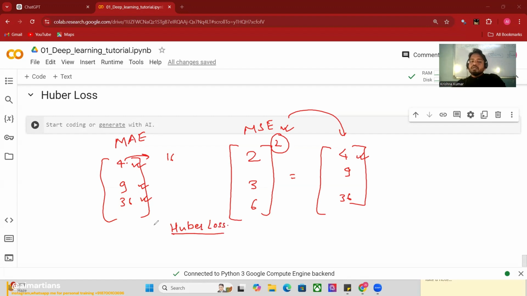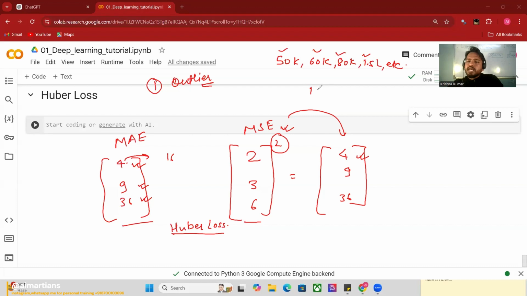Apart from this error, there is one more factor in our data set that is called an outlier. Now, what is an outlier? Let's say in India, people are getting salaries of 50,000, 60,000, 80,000, 1.5 lakh, etc. But this is the salary of, let's say, four people.